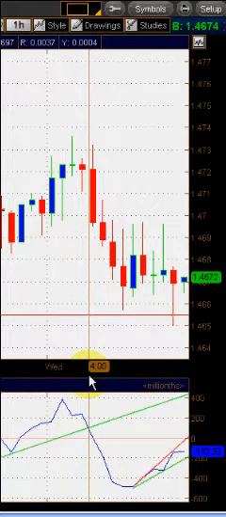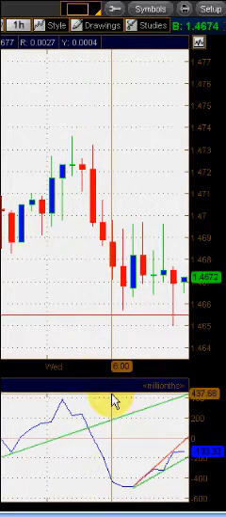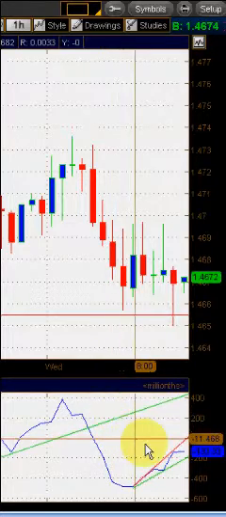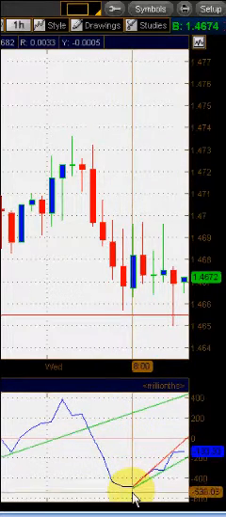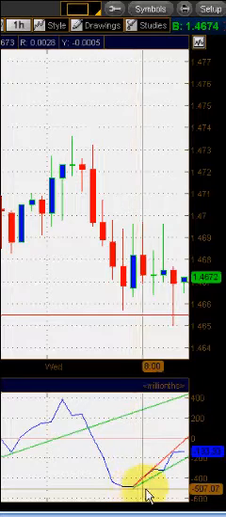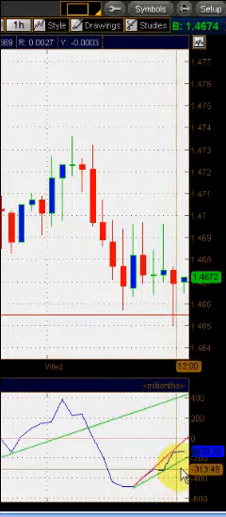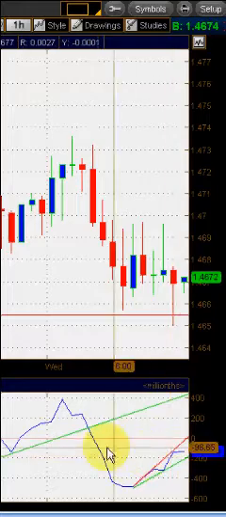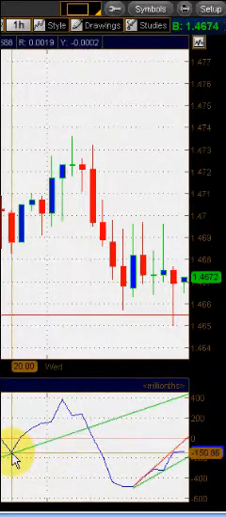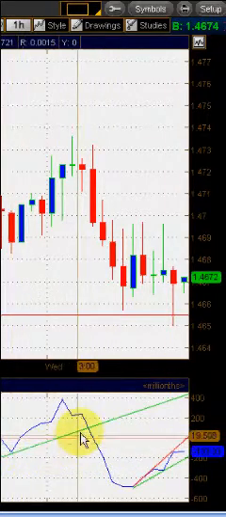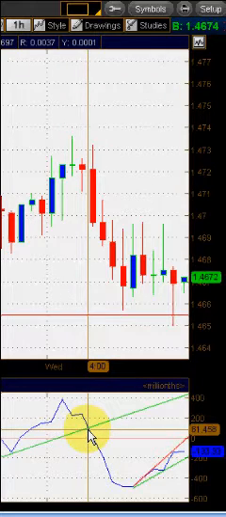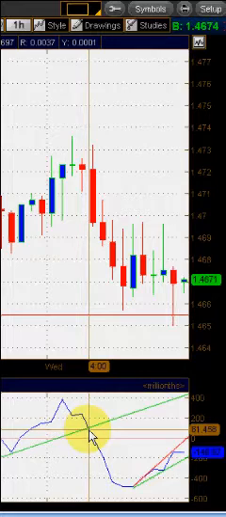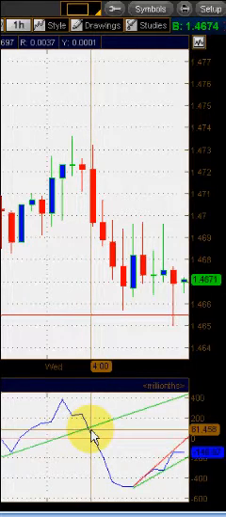I've gone long at this time. What happened was I constructed a trend line from here to here and extended it to the right, and I also constructed a trend line from here over to here, and you can see that this point is related to this very tall red candle that you see up there.